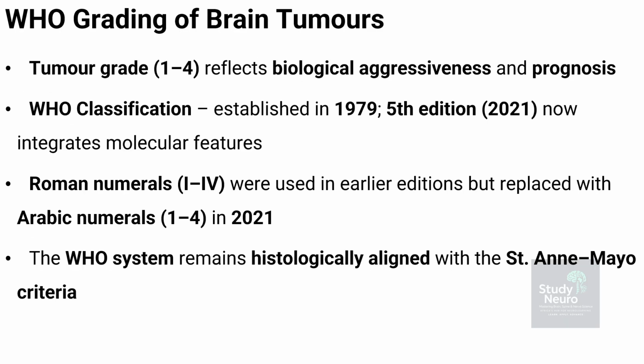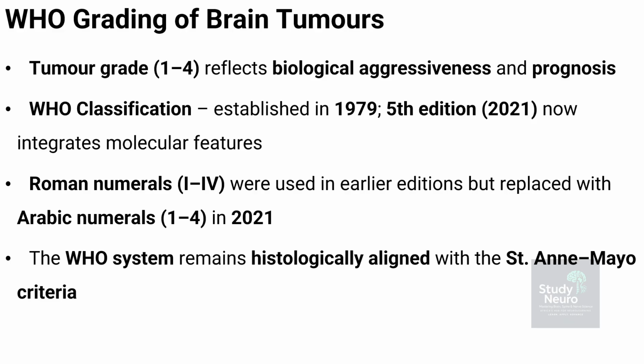The grading of brain tumors provides crucial information about their biological behavior and prognosis. Grading is determined by key microscopic features: cellular proliferation, vascular changes, and necrosis. The World Health Organization, or WHO, first introduced its classification system in 1979.